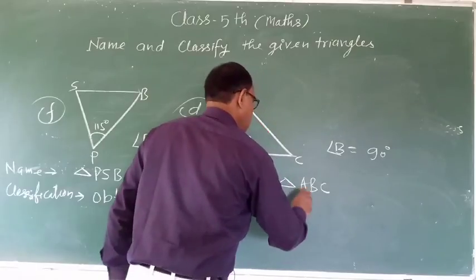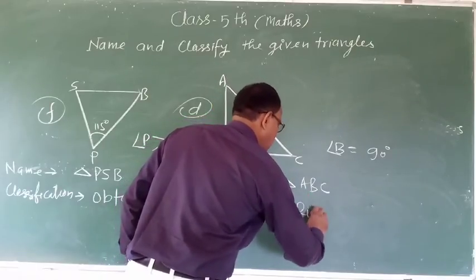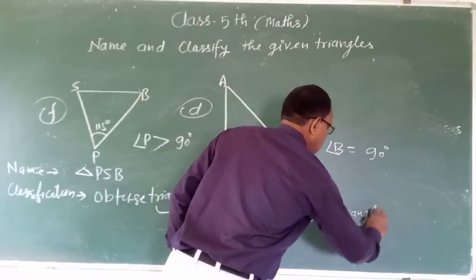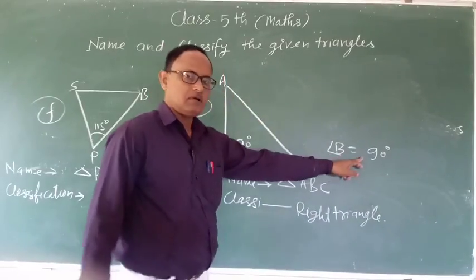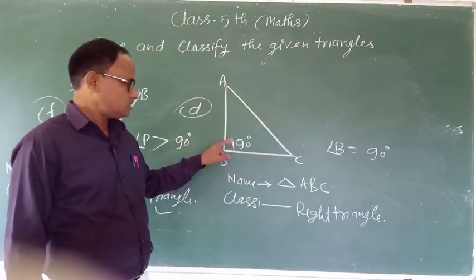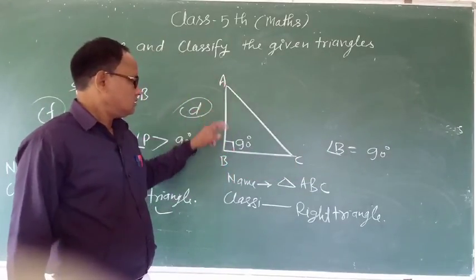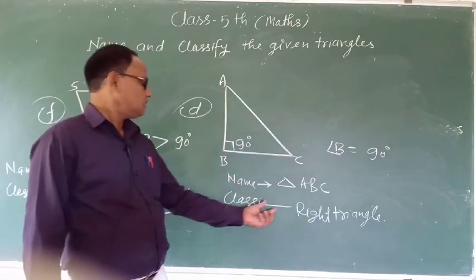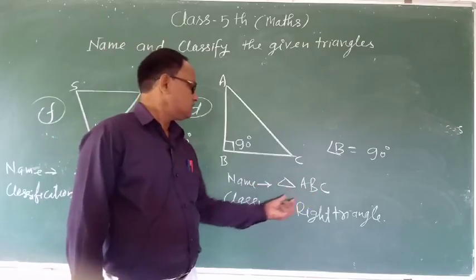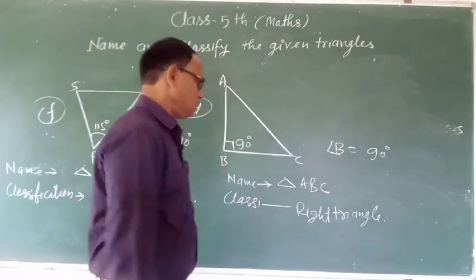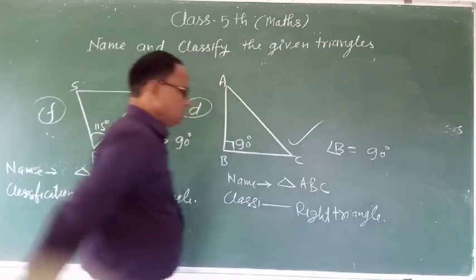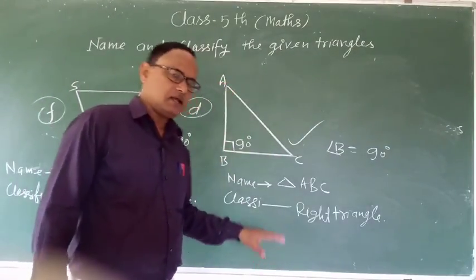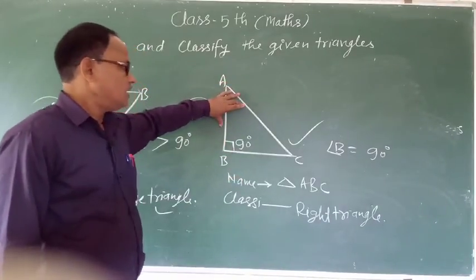Here triangle ABC is a right triangle on the basis of angles. Triangle ABC is a right triangle. So these types of problems you can solve on the basis of sides and on the basis of angles.